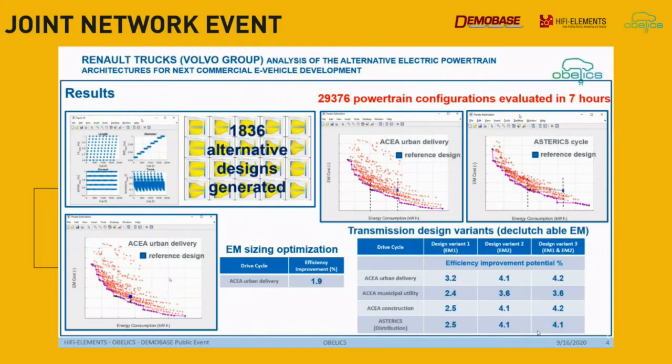The results you can see below on the right side, for different driving cycles and different design variants, show the efficiency improvement potential. The second use case from cluster 1 is the Ford Otosan e-truck.